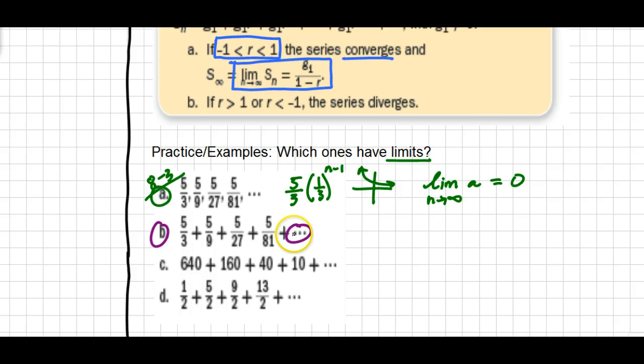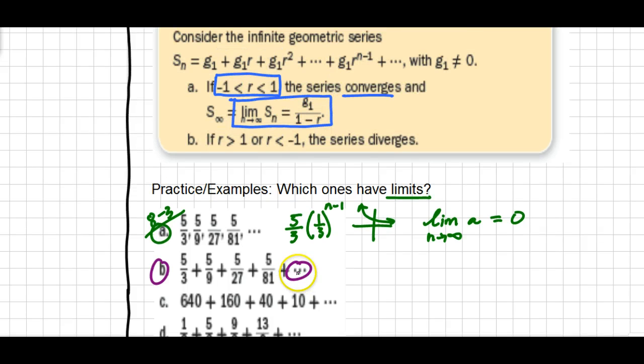The next problem, problem B, is the same numbers but now in series form. This does go on forever, so it's an infinite geometric series. I know it's infinite because it says dot dot dot. I know it's geometric because I already examined its sequence in the previous question. So to determine if this infinite geometric series converges, I look at the value of r. r is 1/3.